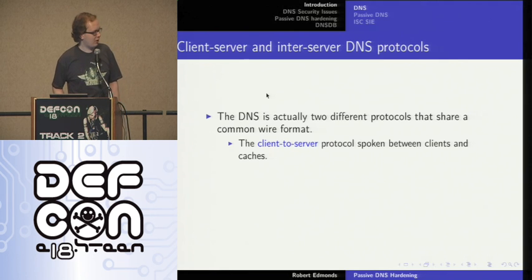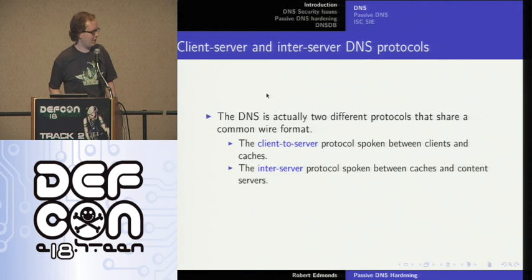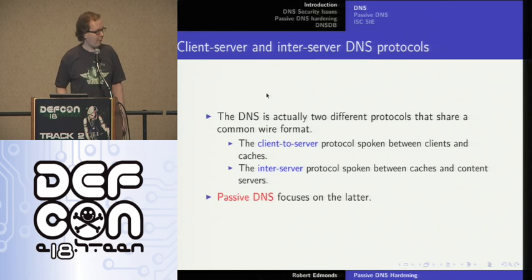The 2 protocols are the client server protocol and the inter-server protocol, spoken between caches and content name servers. Passive DNS focuses on the latter because we don't want to see client queries or give the impression that we are spying on people. In fact, what we want to do is gather intelligence about the domain name system rather than clients that are requesting that information.